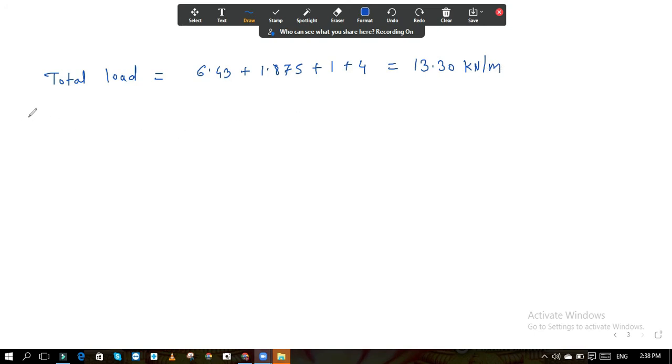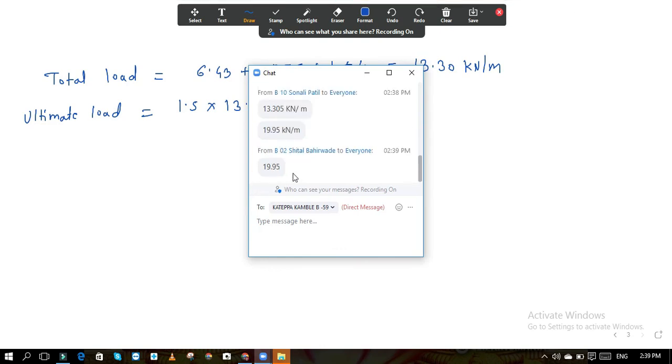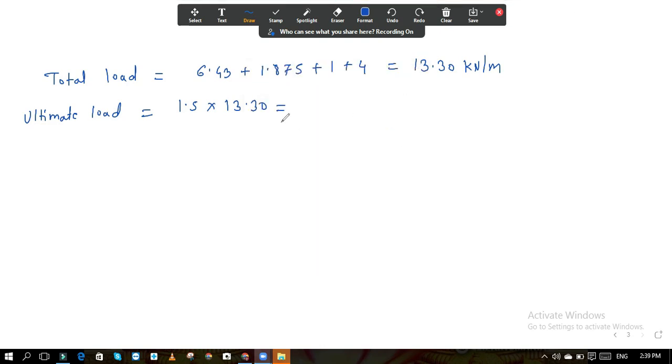Now calculate ultimate load. Ultimate load is equal to 1.5 into 13.30, which is 19.95 kilonewton per meter.